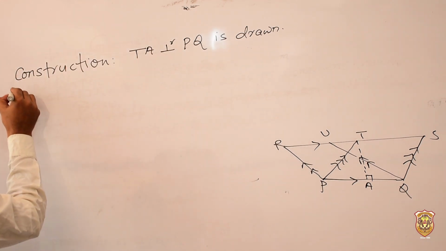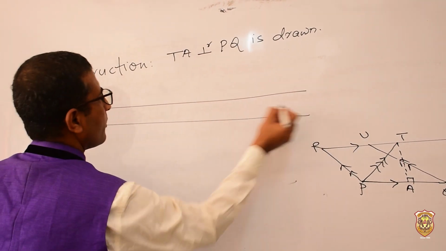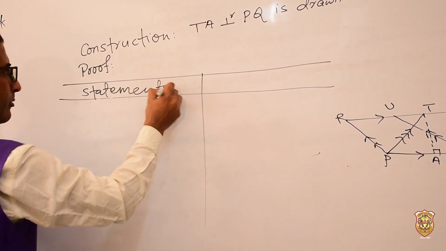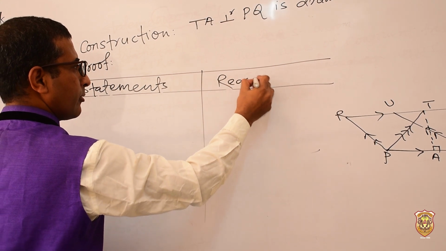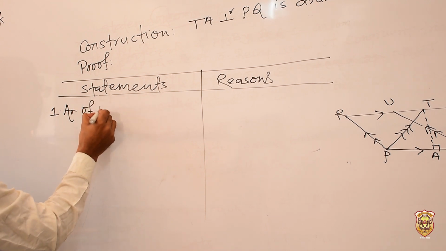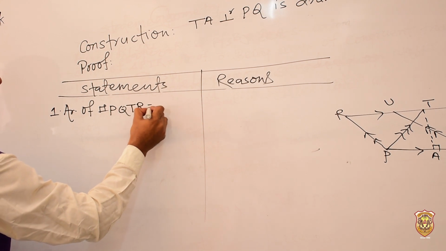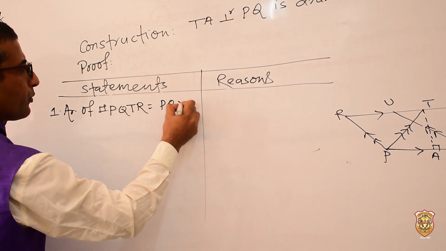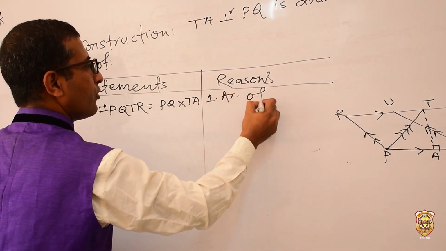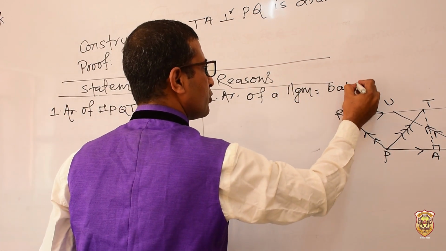So, area of parallelogram PQTR equals PQ into TA, because the area of a parallelogram is equal to base into height.